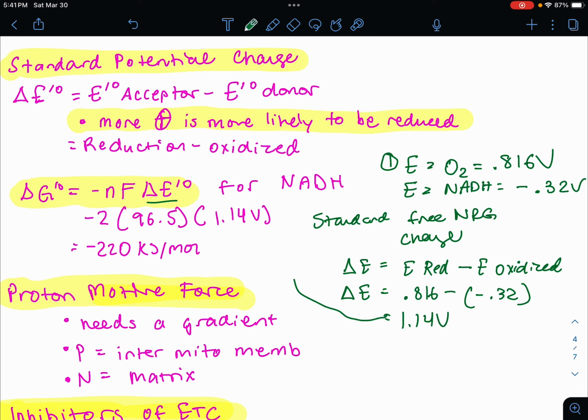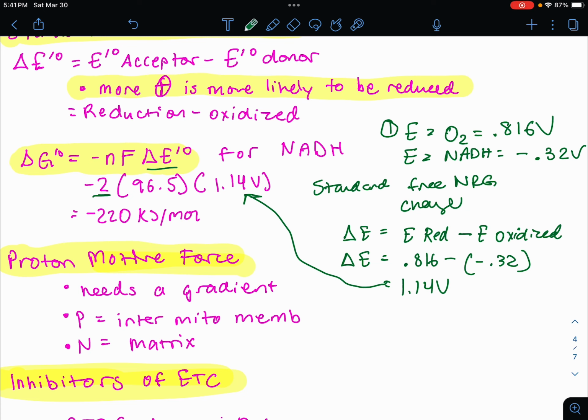Okay, so now we plug this into our delta G equation. NADH carries 2 electrons, so the equation is going to be negative 2 times 96.5, that's a given constant, and then times 1.14 V, which was our delta E that we figured out. And our answer is negative 220 kilojoules per mole of NADH.